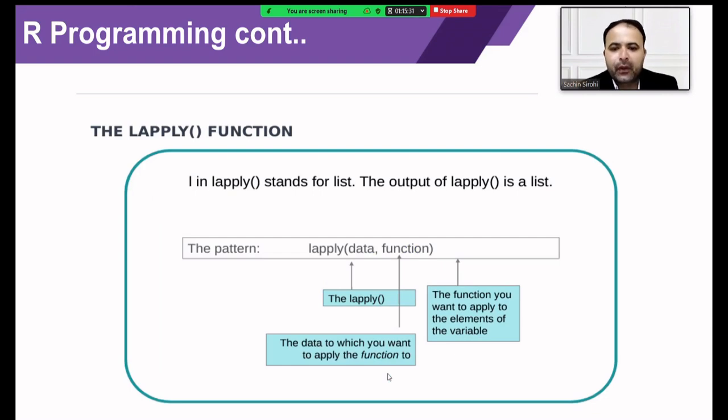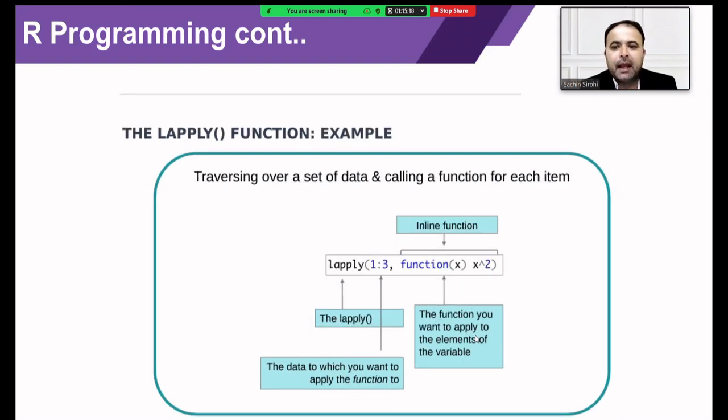Yeah. So the lapply data: data which you want to apply the function to, the function you want to apply to the element of the variable. The lapply function example: traversing over a set of data and calling a function on each item. Inside this one, we have an inline function.